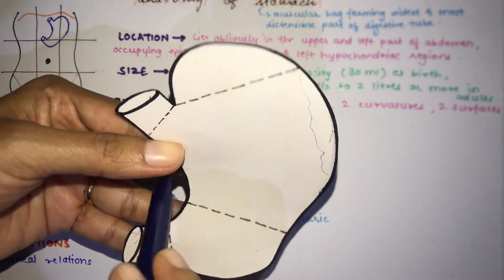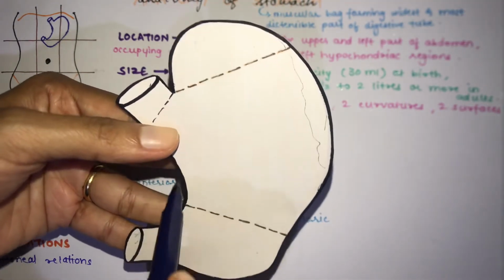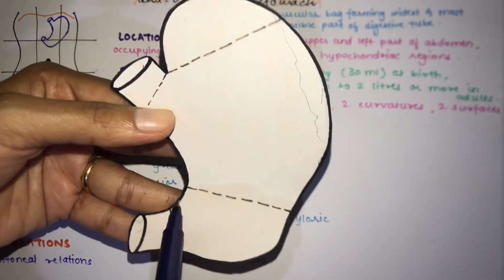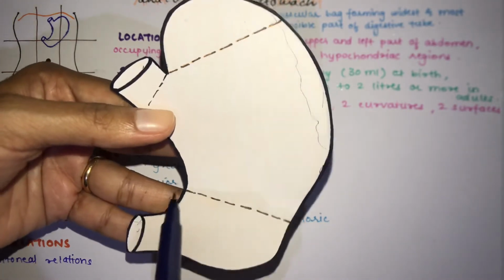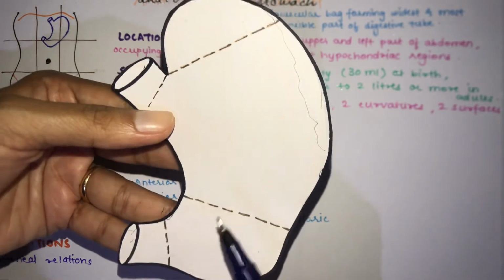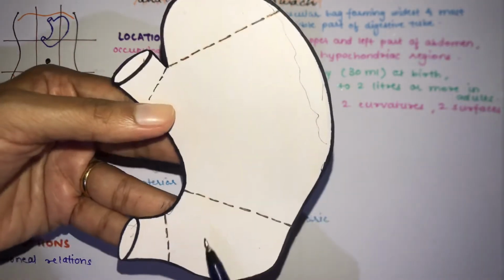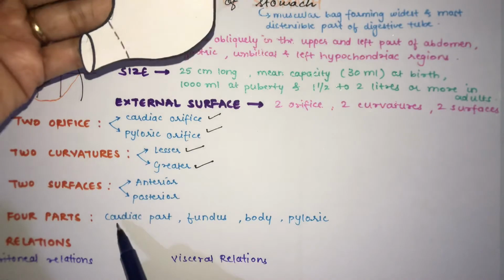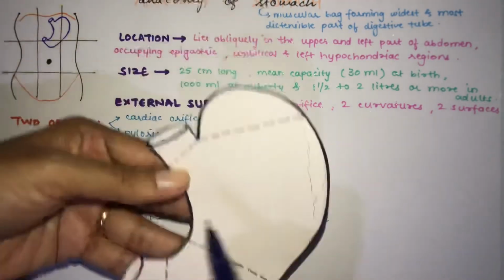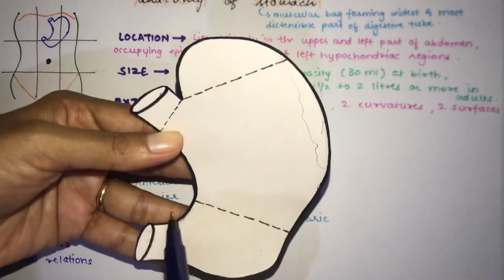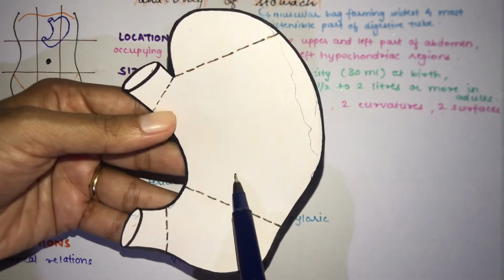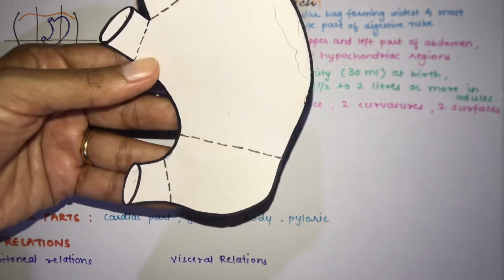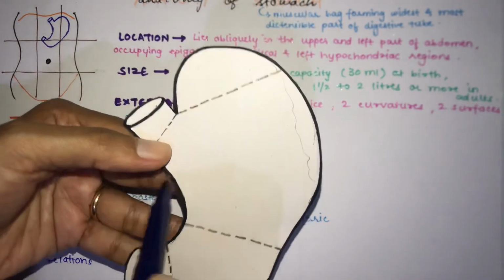This angular notch indicates the junction between the body of your stomach and the pylorus of the stomach. So these are the various parts of your stomach, that is the cardiac part, fundus, body and pyloric part. This angular notch is a junction between the body and the pyloric part of your stomach. So this is about the lesser curvature.